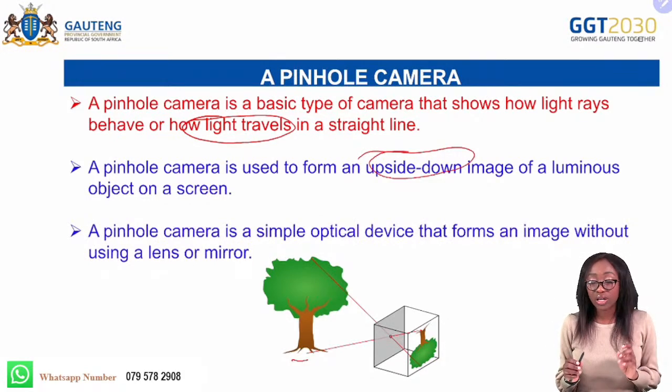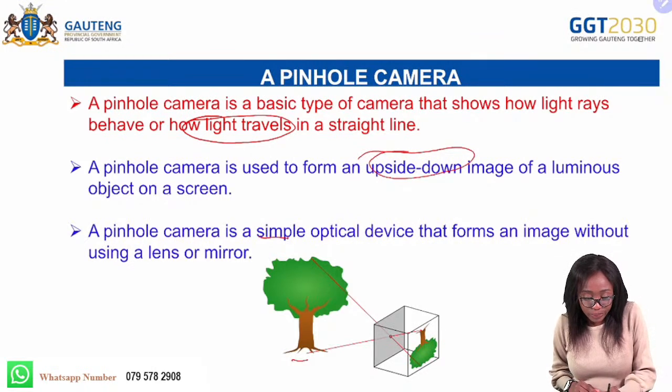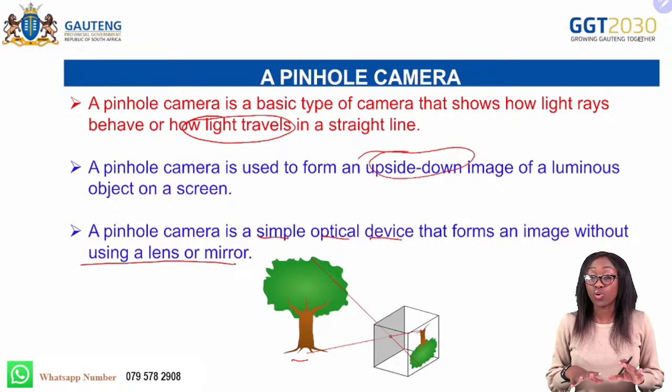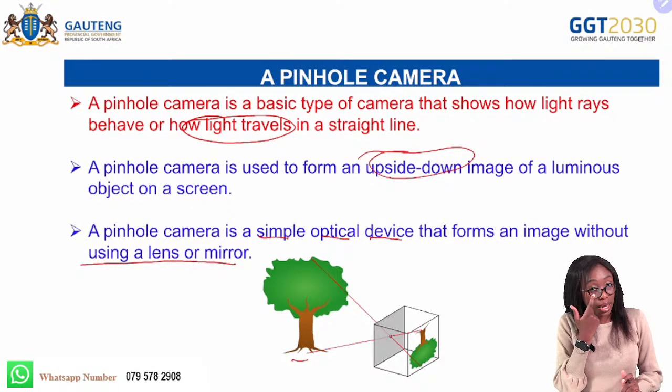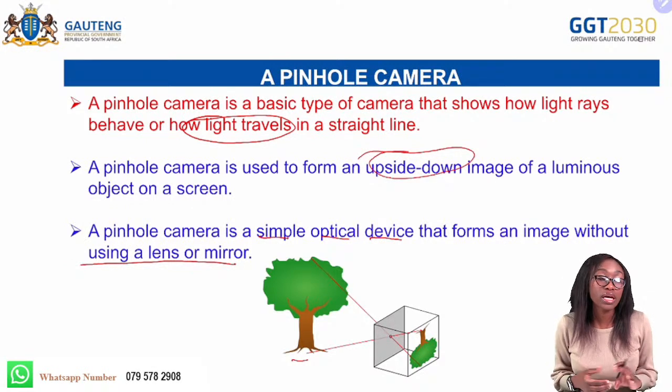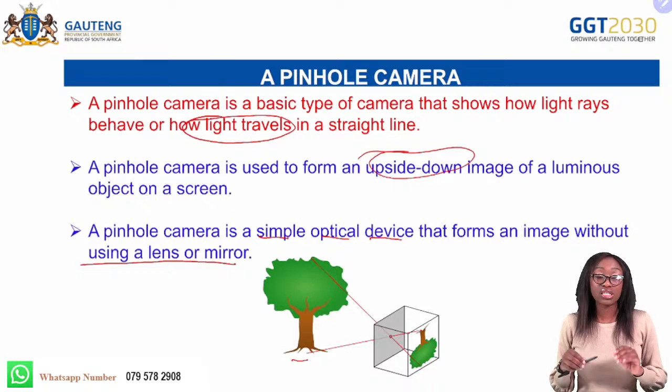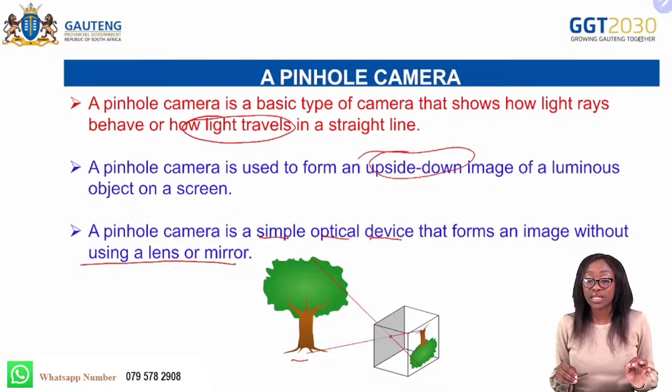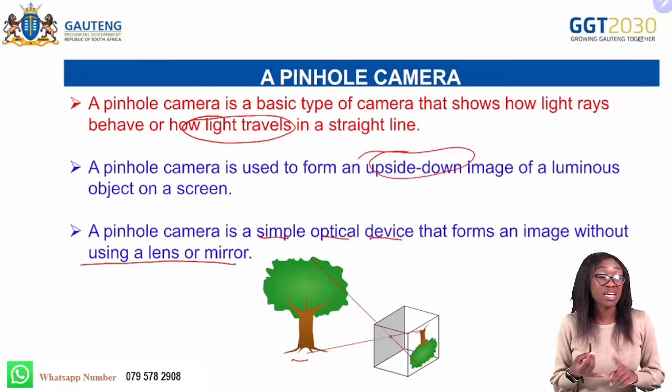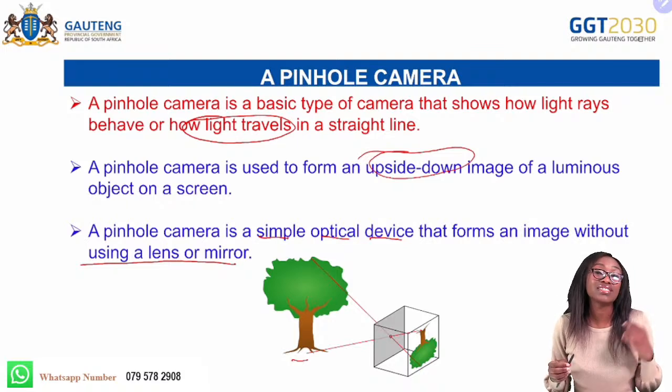A pinhole camera can also be defined as a simple optical device that forms an image without using a lens or a mirror. So we're not using a lens and we're not using a mirror in this case. It's just a simple gadget that is a box and a pin and utilizes light.